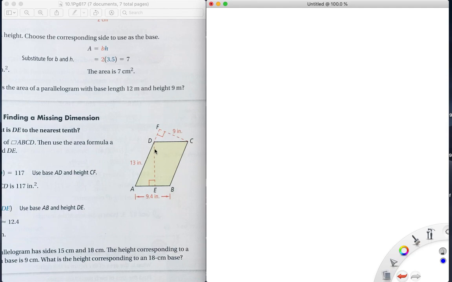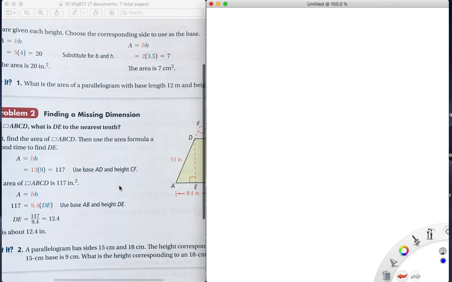So I'm able to find DE by first getting the area of the parallelogram, which I can get from FC and AD, which we do in part 1. Area equals base times height, 13 times 9. So my area is 117.